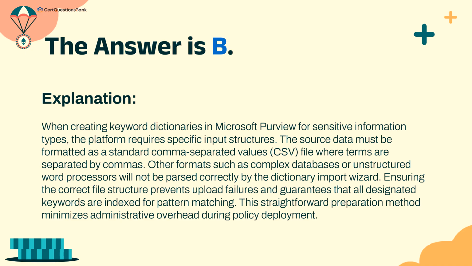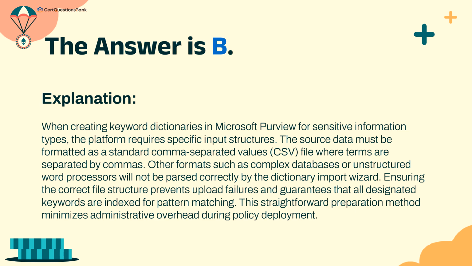When creating keyword dictionaries in Microsoft Purview for sensitive information types, the platform requires specific input structures. The source data must be formatted as a standard comma-separated values (CSV) file where terms are separated by commas.